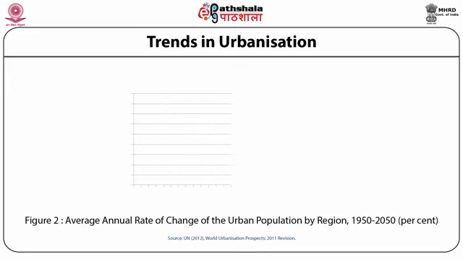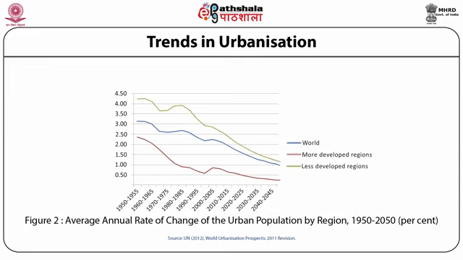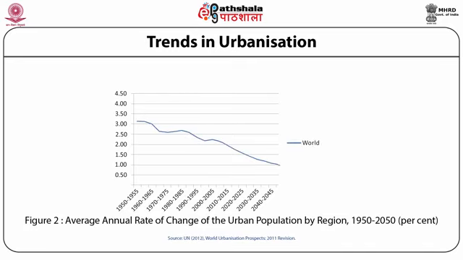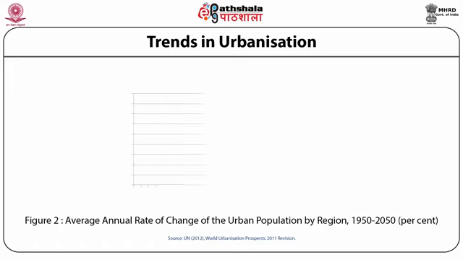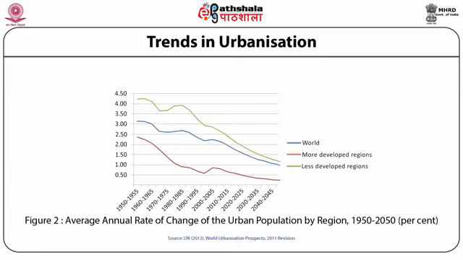This figure shows that the average annual rate of change in urban population in the developed world declined from 2.3% per annum in the early 50s to merely 0.67% per annum between 2010 and 2050.